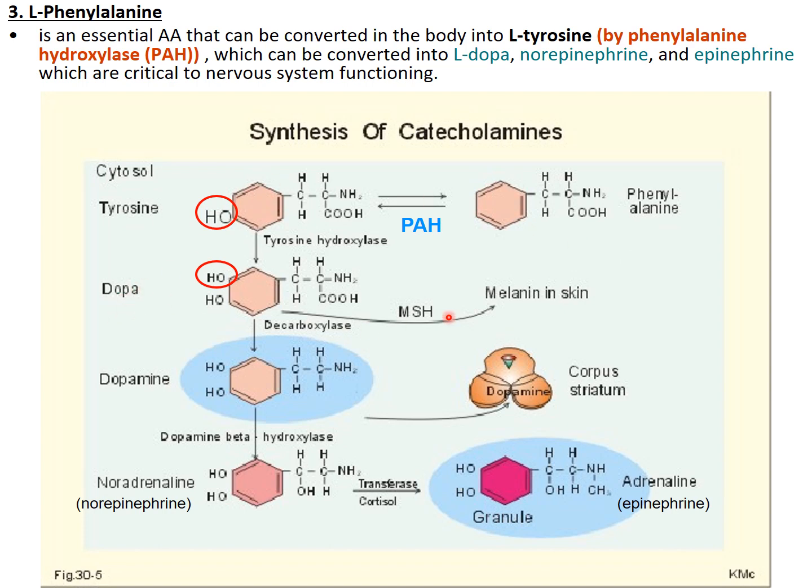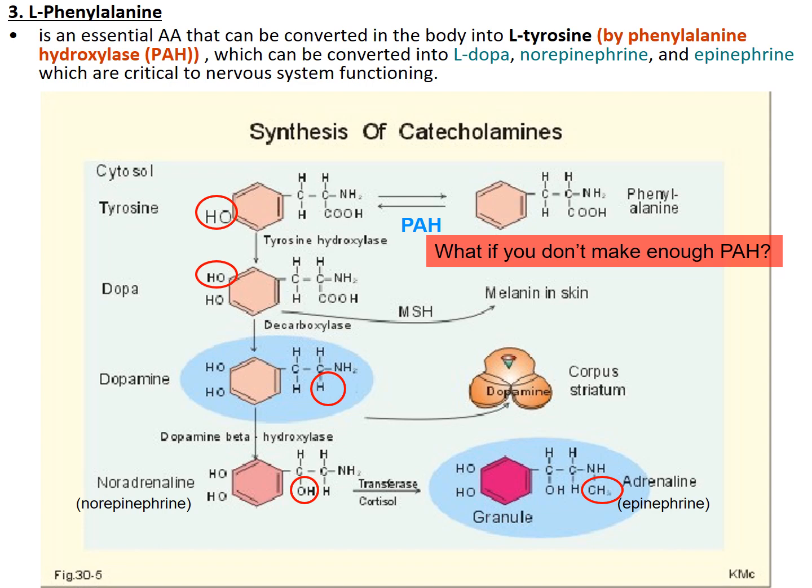So DOPA, which can be turned into melanin in the skin, then further modified to dopamine, which is an important bioactive molecule, a neurotransmitter, further modified to norepinephrine and epinephrine, which is a very important hormone. So when this particular enzyme is missing from the system, there will be a problem of synthesizing all these bioactive molecules, but also the problem of accumulating phenylalanine.